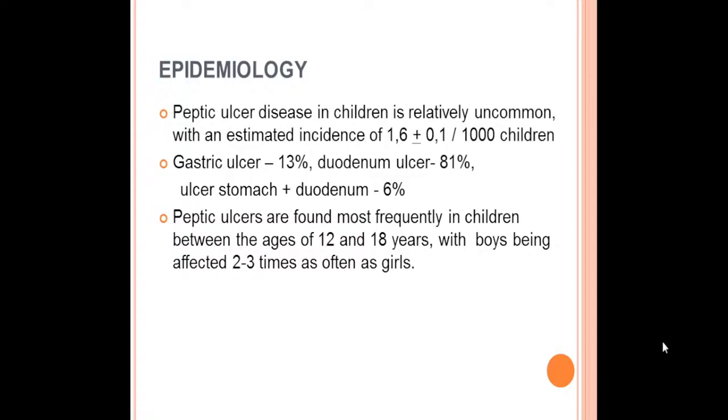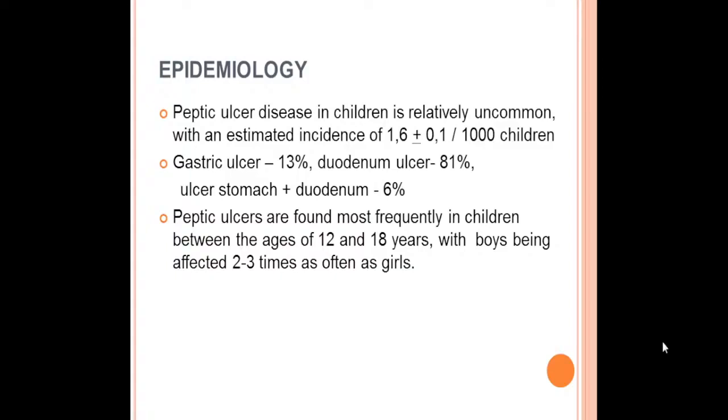Why 12 to 18 years? Maybe children at this time begin smoking, begin drinking alcohol, may have irregular feeding, and more stress factors in the period of adolescence, the pubertal period, than younger children. If the child is 5, 6, 7 years old, parents control the diet more, the child eats in primary school or kindergarten, with regular feeding 5-6 times per day.